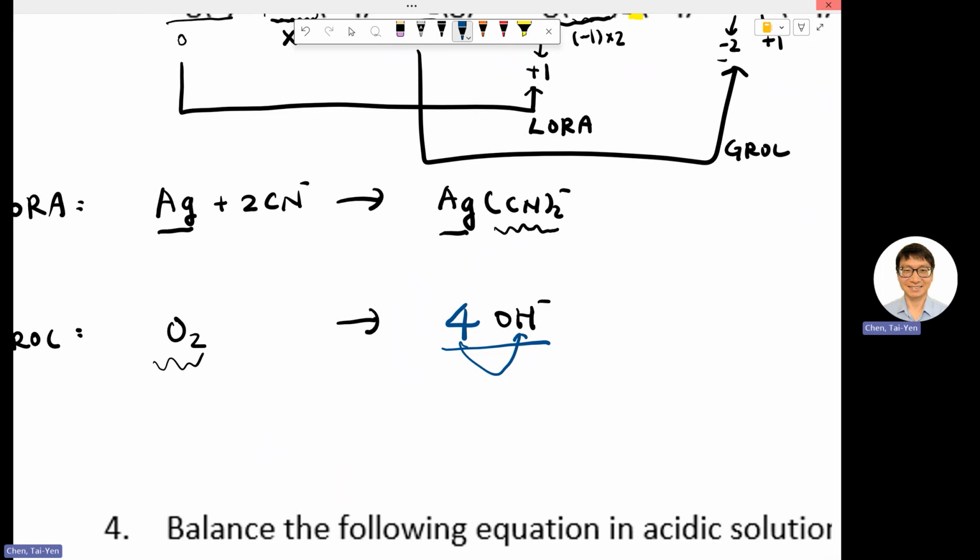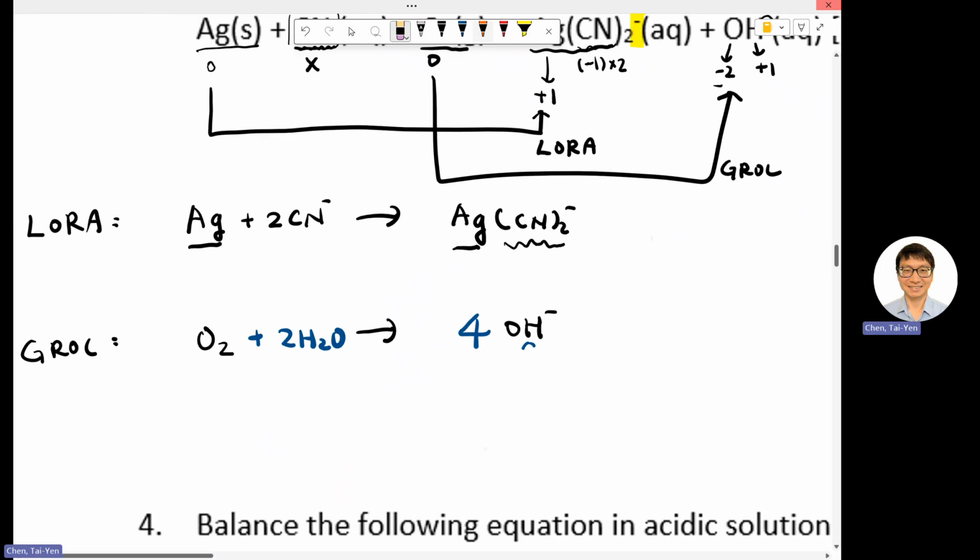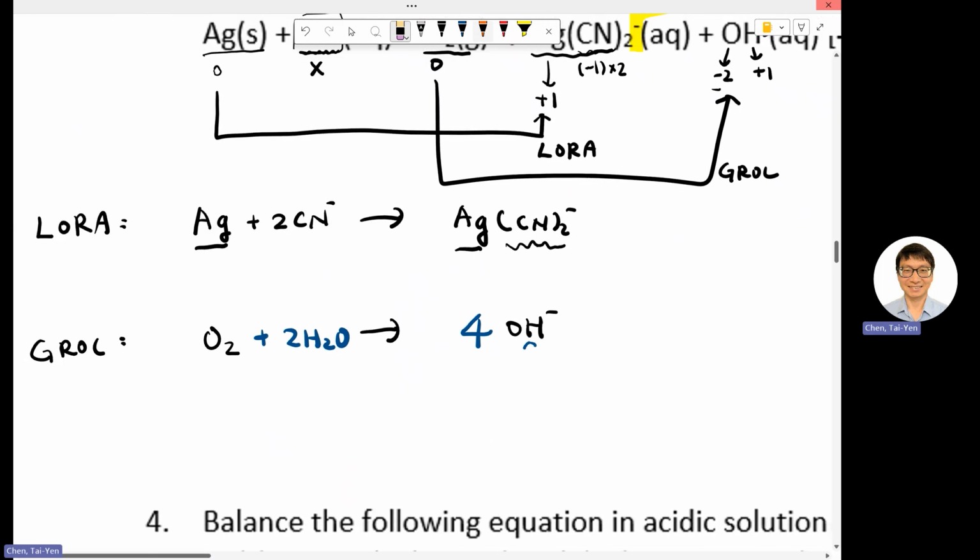Therefore, to compensate for that, I'm going to add in 2 H2O to compensate for the H. After you do that, you realize that your G-rock is also balanced. Then we can just move on to step number 3.